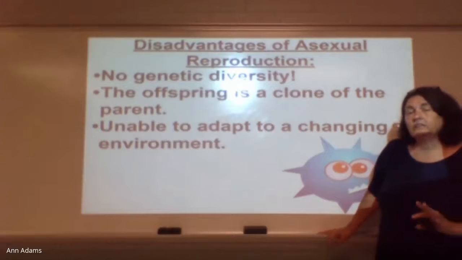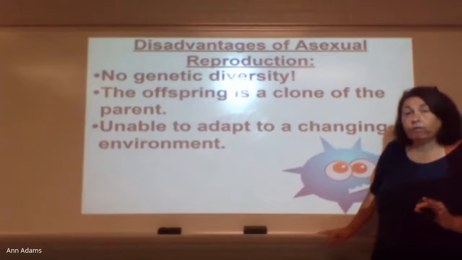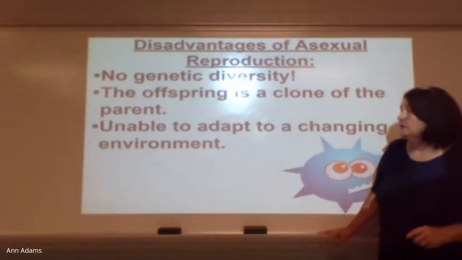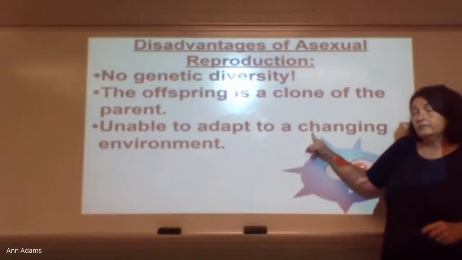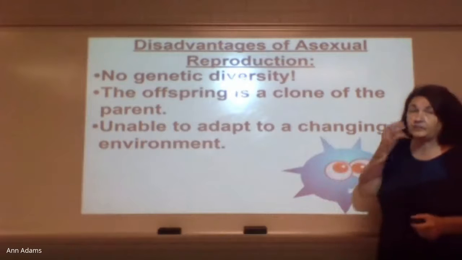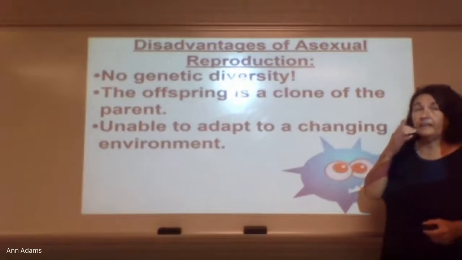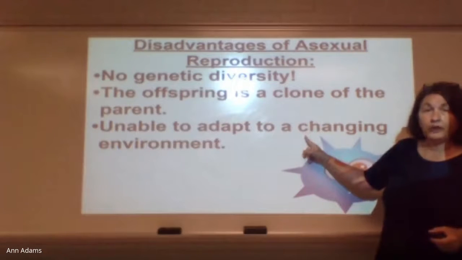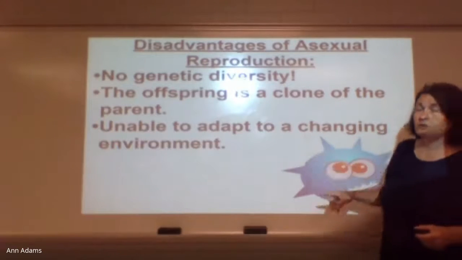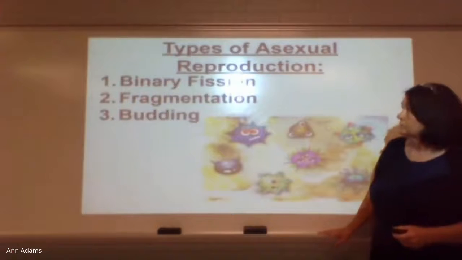They cannot change anything. They are what they are. They're a clone, so they can't adapt to the environment. If it's hot, and they're in that environment, they're going to have to stay there. If it turns cold, they'll die. They cannot adapt.